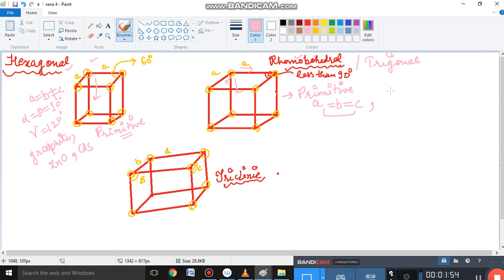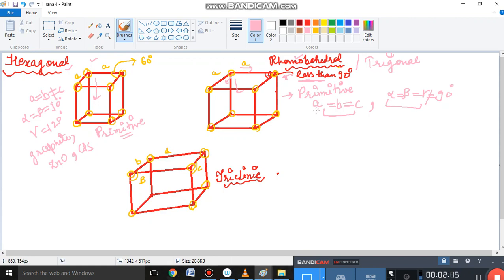Regarding its angles, alpha is equal to beta is equal to gamma, not equal to 90 degrees. All three angles are equal to each other but are not mutually perpendicular. In rhombohedral, as shown here, the angle is less than 90 degrees.